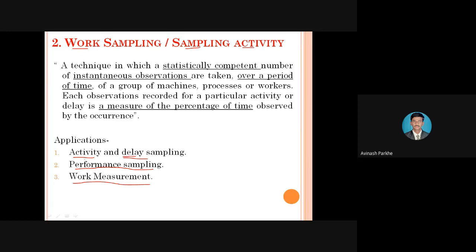To measure the time required for the activity, and the delay sampling also we are going to make. Then performance sampling, that means we are checking the performance of the operator as well as the performance of the machine. And the last important application is related to work measurement, where we calculate the actual time required to perform that particular task. So these are the three major applications of work sampling.